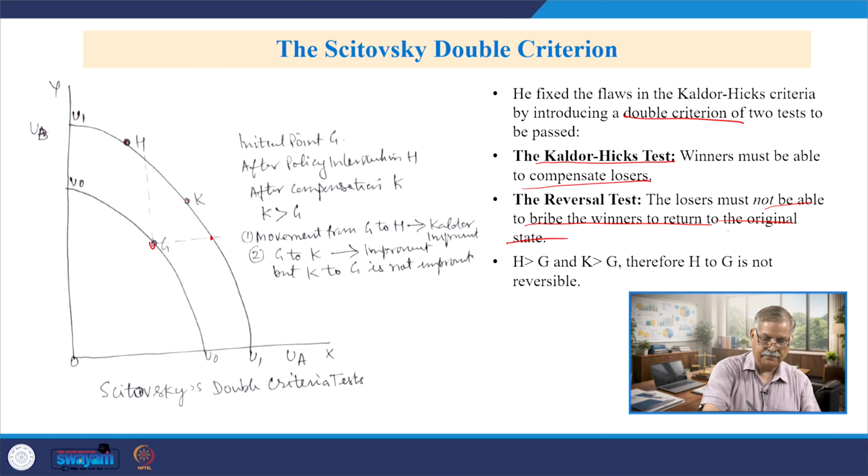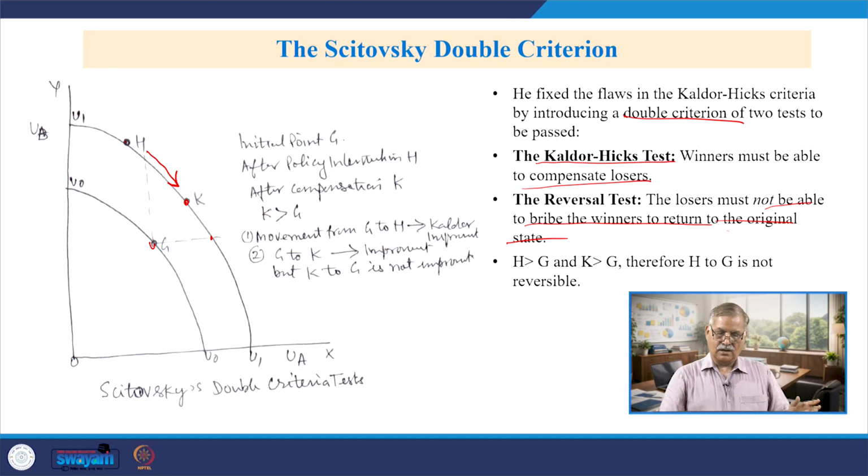So point K means after compensation. And now the major idea is that the movement from G to H simply tests the Kaldor improvement criteria, but G to K is an improvement, while K to G is not an improvement.